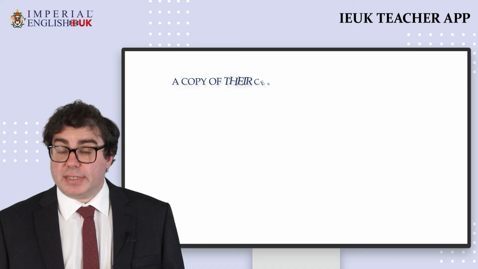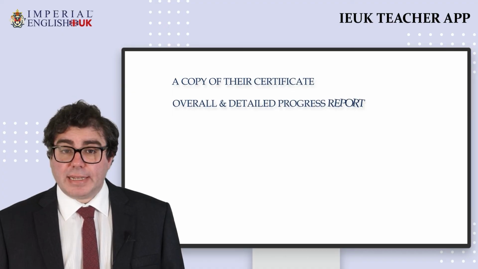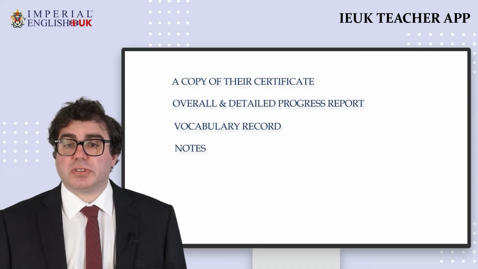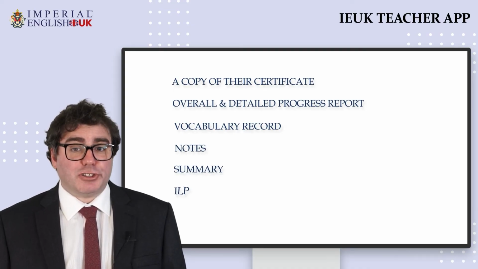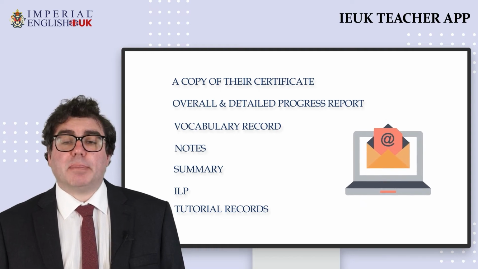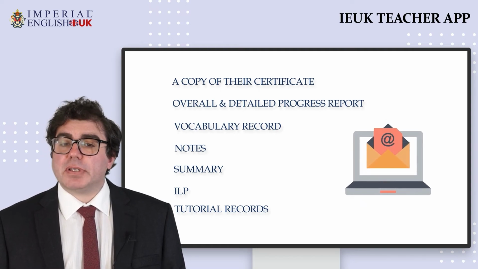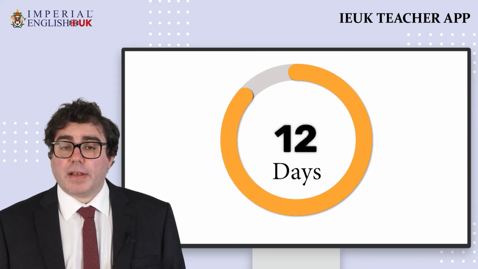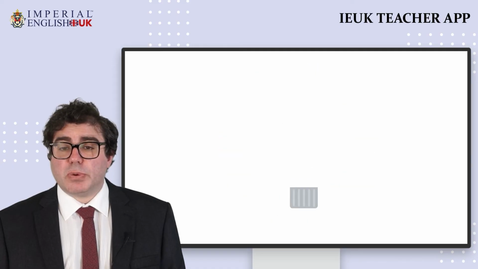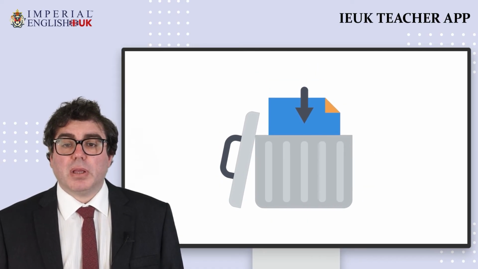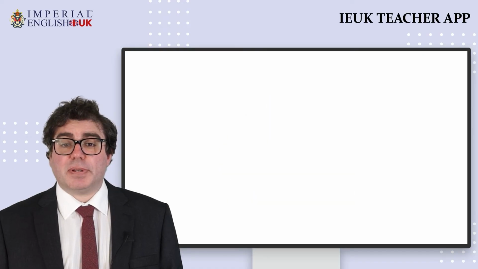A copy of their certificate, overall and detailed progress report, vocabulary record, notes, summary, ILP and tutorial records for the course will be emailed in the form of a link for them to download. They must download all the files from the link within 14 days. After the link expires, all data will be deleted and access to the course and app will also end. More information on the portfolio assessment is available on the manual.